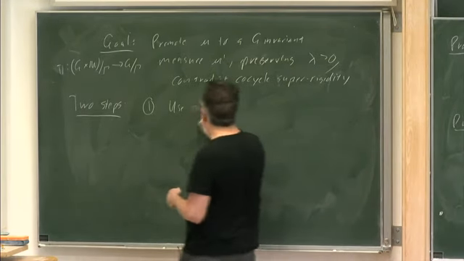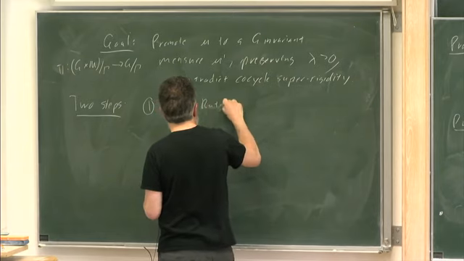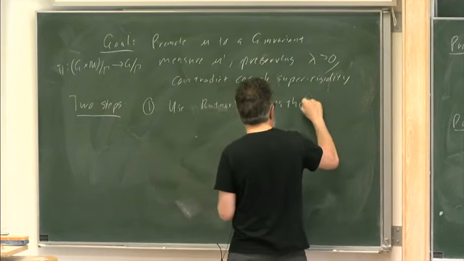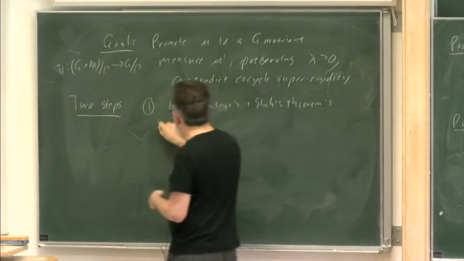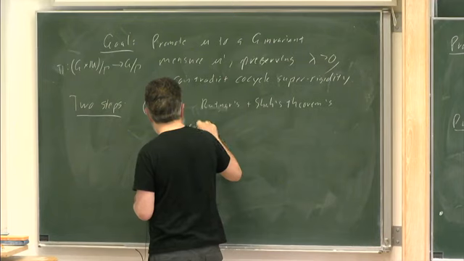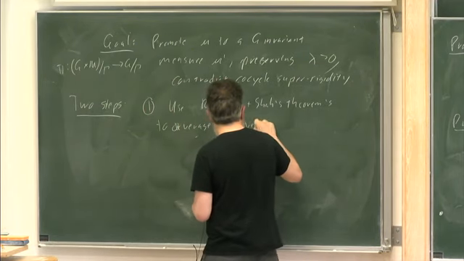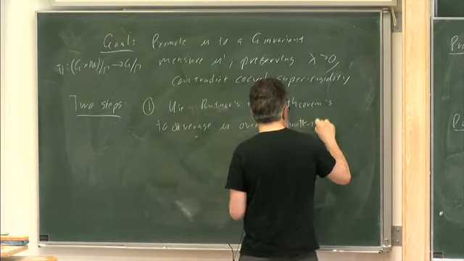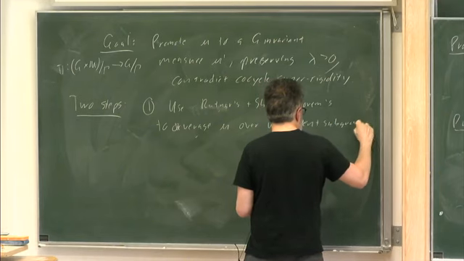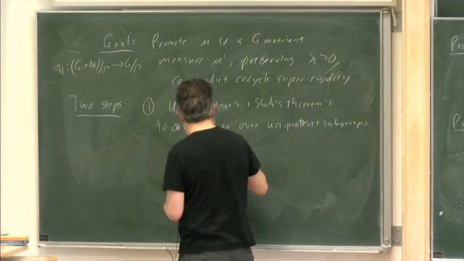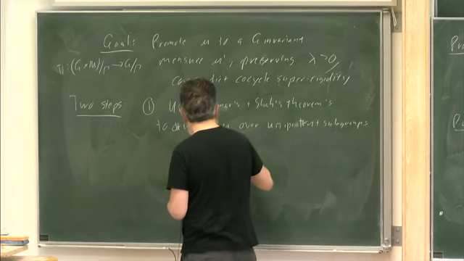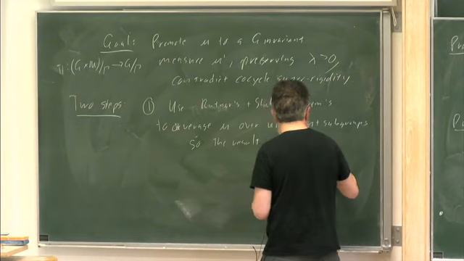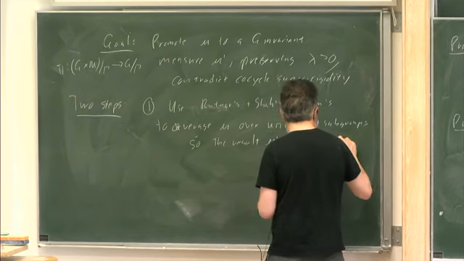And so what we're going to do is use Ratner and Shah's theorems to average mu over unipotent subgroups so that the result mu prime has pi star mu prime equaling Haar.